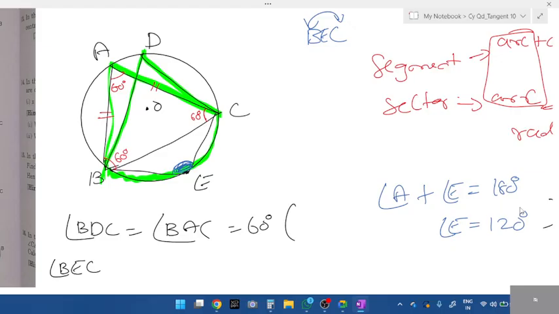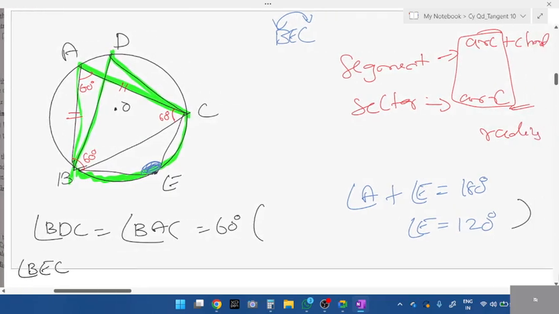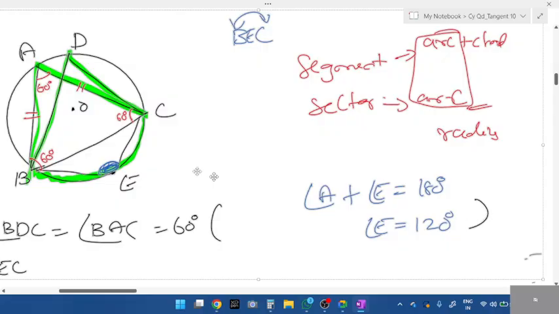Is it clear? All of you understood? Next question. Why did they give the center? Center was not required here.